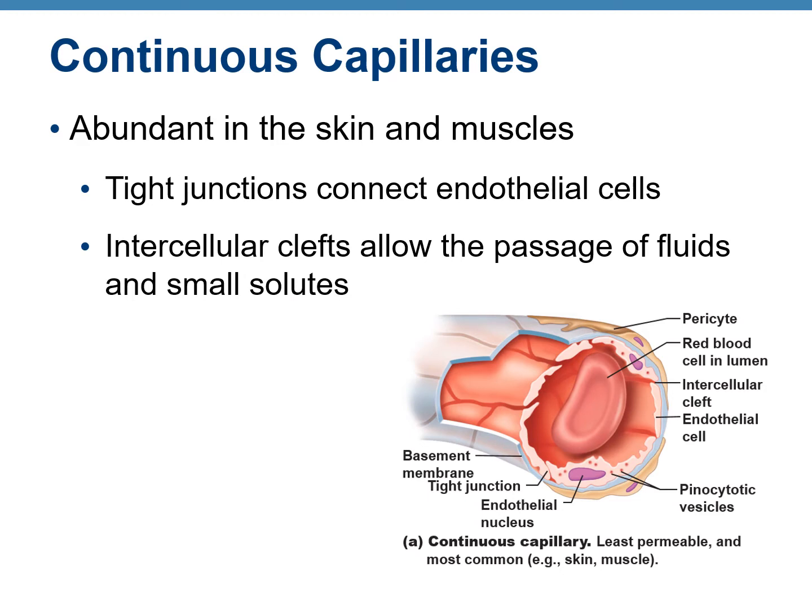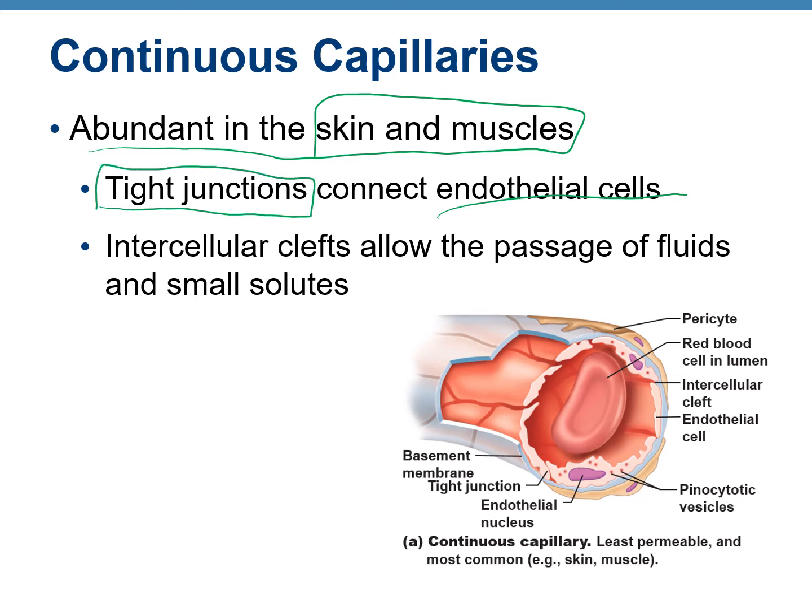Continuous capillaries. Those are the most abundant. They are abundant in your skin and your muscles. We have endothelial cells, the same as for any capillaries, and we have tight junctions between these cells. We do have what we call intercellular clefts.